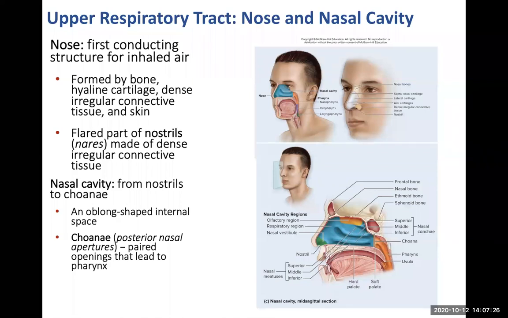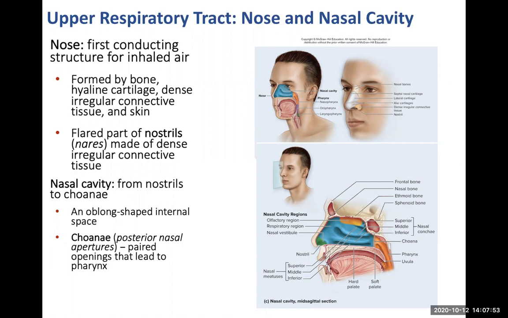Nostrils are also called the nares. They're made up of dense irregular connective tissue. I'm not going to ask you, FYI, the type of connective tissue that makes up the nostrils. I just put it in there because it helps to understand the role that these structures play in the respiratory system, right? These are the first structures in which air enters, and they are there to kind of trap and humidify air.